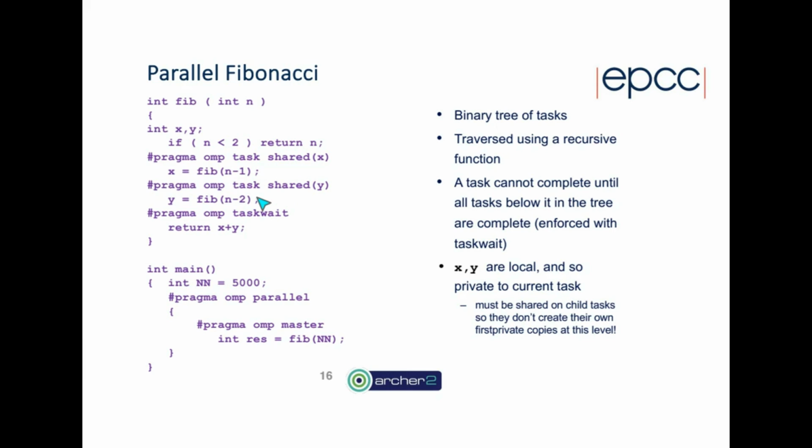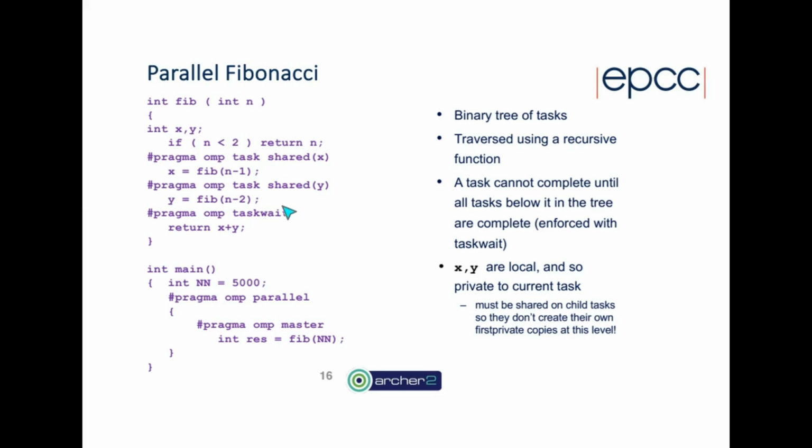But then we need some synchronization here, so we can use the taskwait directive. Remember, in general, because this is recursive, we're already inside a task. But this will wait for these two tasks. This will block until these two tasks have completed.